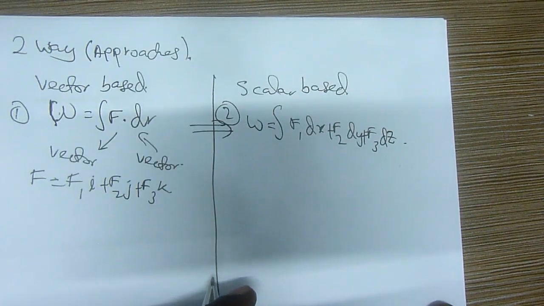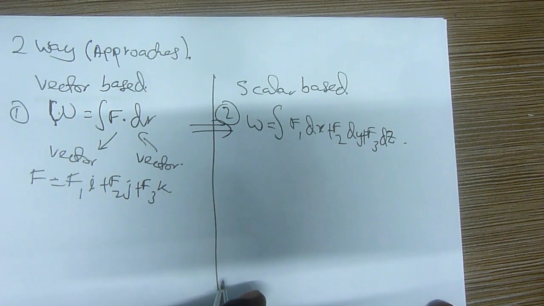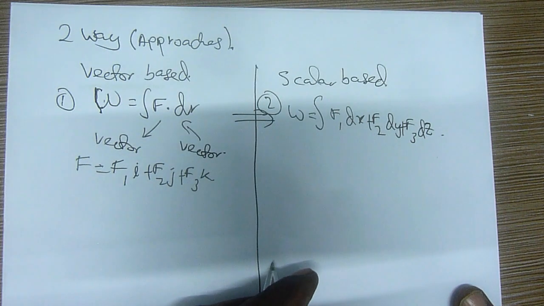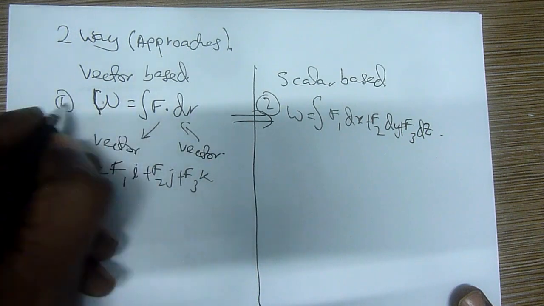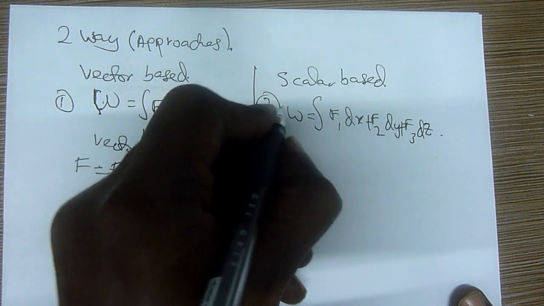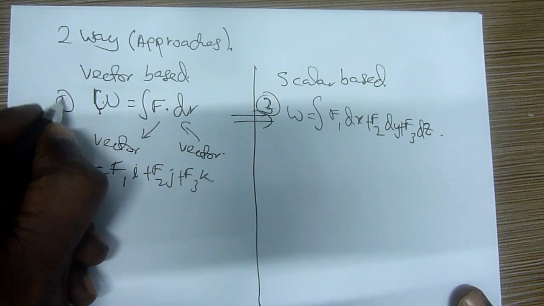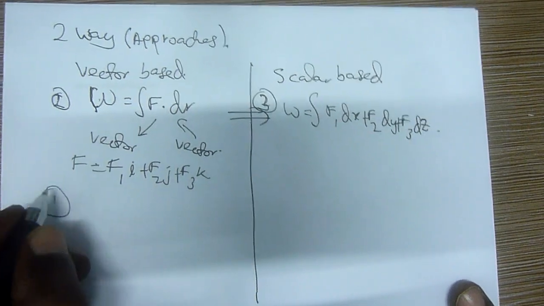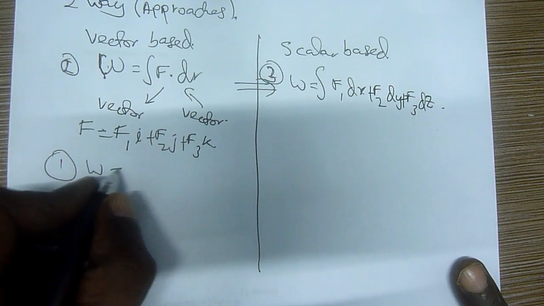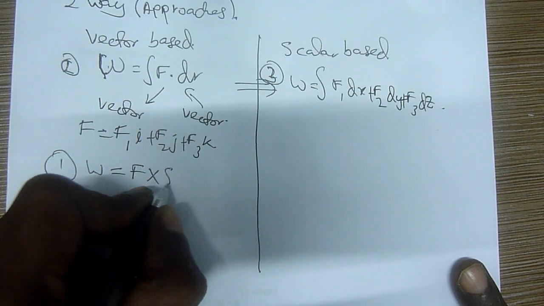Now, this is actually not method number 1, sorry, this is method number 3, this is method number 2. Now method number 1, I forgot. Method number 1 is the straightforward one, which is F times the displacement, right?